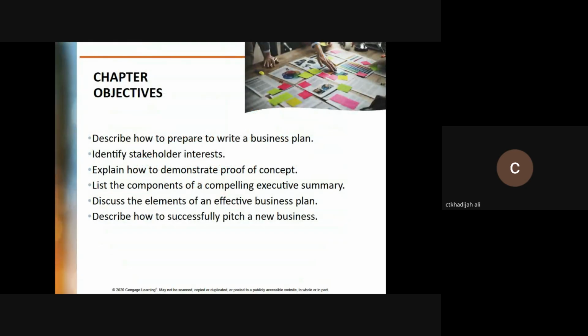This is the objective for this chapter: describe how to prepare to write a business plan, identify stakeholder interests, explain how to demonstrate proof of concept, list the components of a compelling executive summary, discuss the elements of an effective business plan, describe how to successfully pitch a new business.